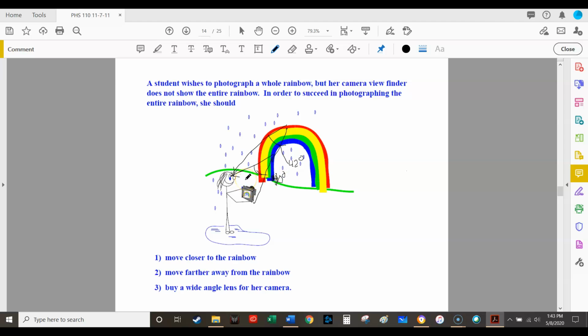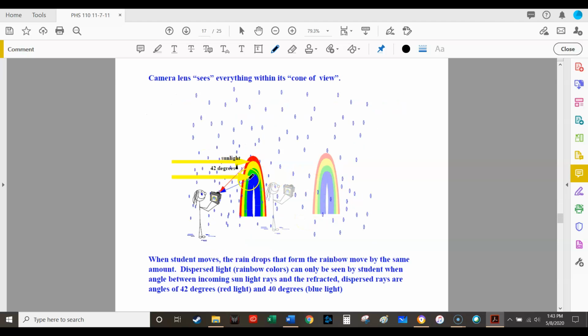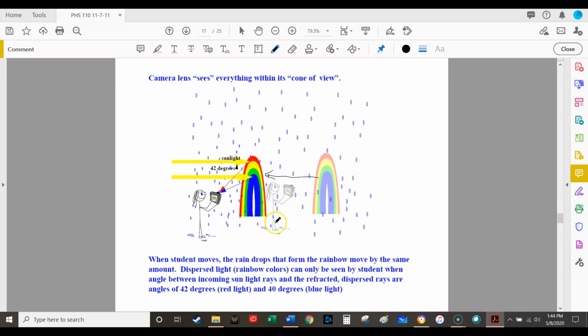Well, if you back away from that, that rainbow is just going to follow you backwards, because that has to always maintain 42 degrees. The incident angle coming off of the white light is going to be 42 degrees, and that one's going to be 40 degrees. So those have to be maintained. Backing up or going forward is just going to shift the rainbow forwards or backwards.